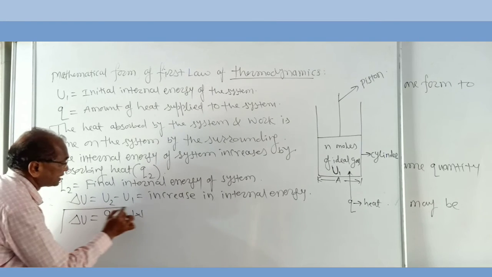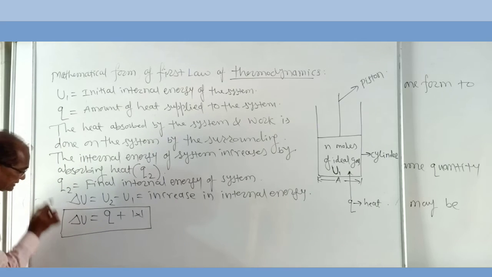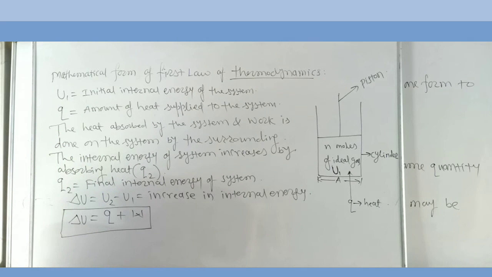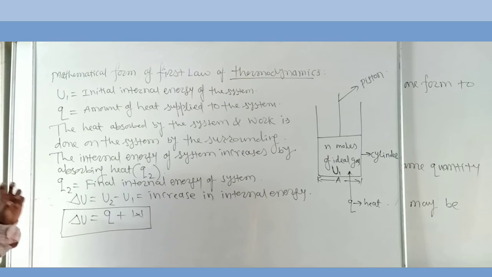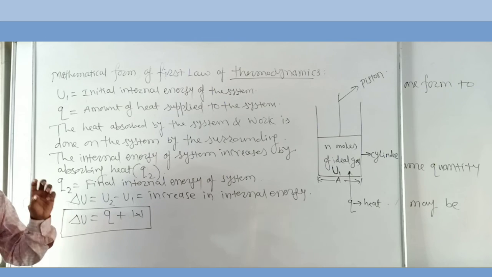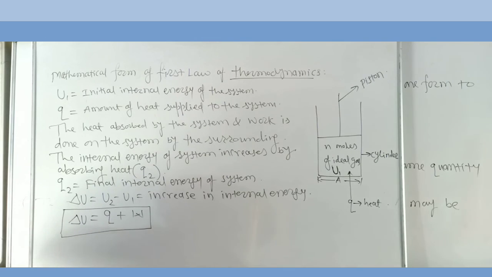Delta U is equal to Q plus W is the mathematical form of the first law of thermodynamics.